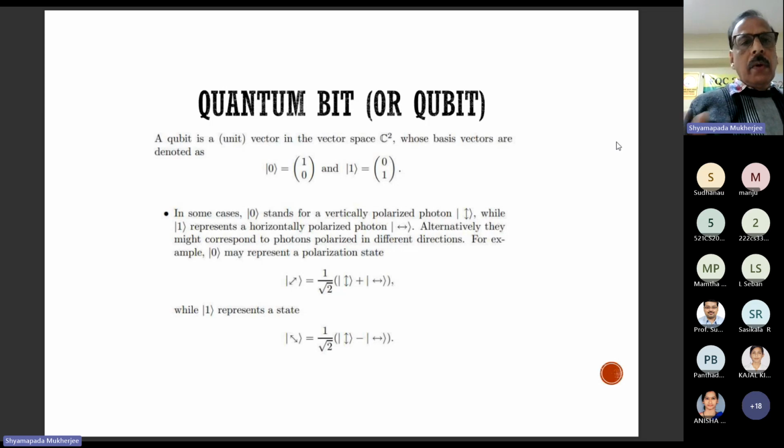We shall not go into detail about the physical realization of a qubit. That is the work of quantum hardware, or the work of physicists. They are trying to construct, or physically realize, a qubit. A lot of work is going on there.